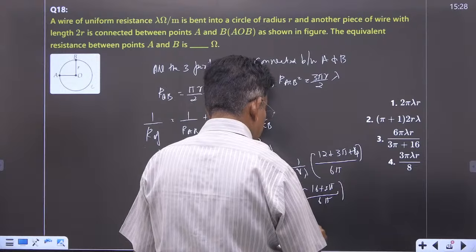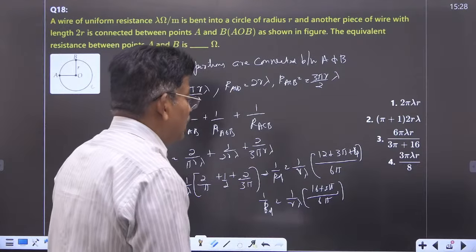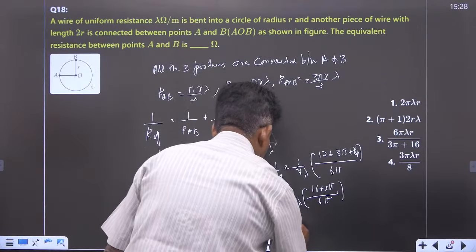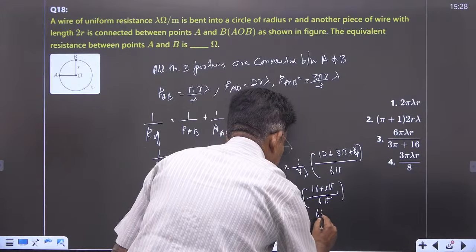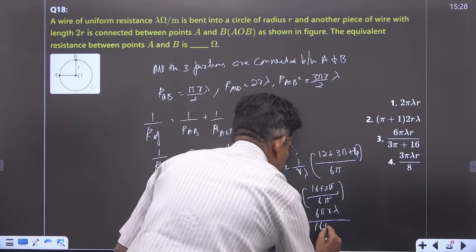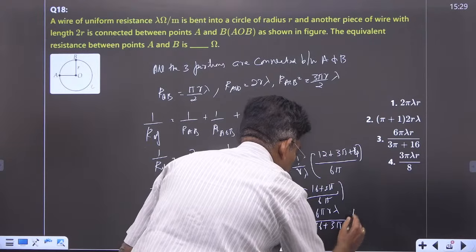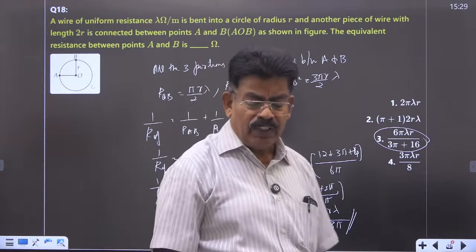So R effective will be R lambda times 6, the reciprocal. R effective is 6 pi R lambda divided by 16 plus 3 pi. Yes, the answer is here. Okay, it's not a difficult question.